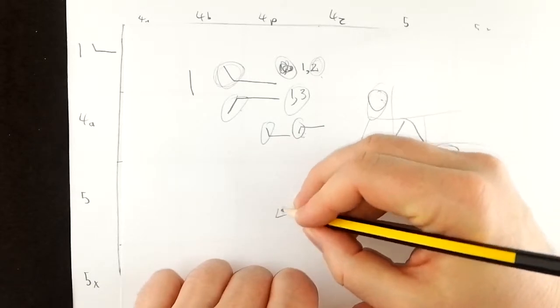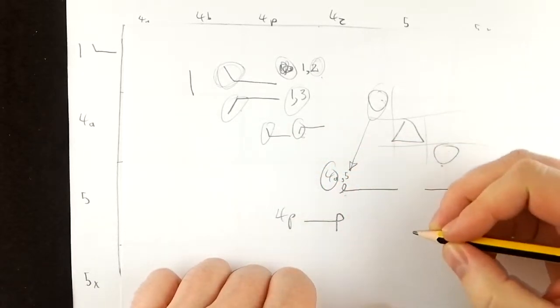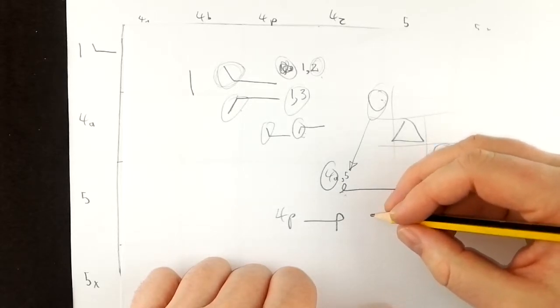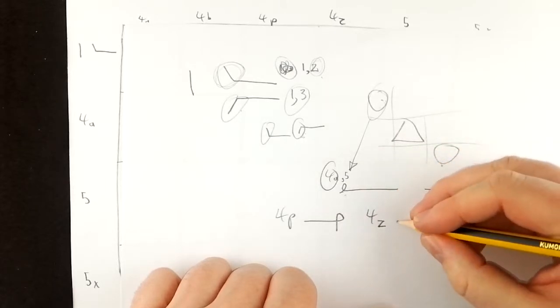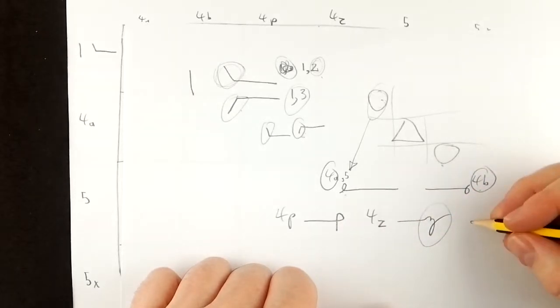We have 4P. 4P looks like this. We have 4Z. There's more, but we'll just do these. This is a lot. 4Z. That's beautiful. Look at that.